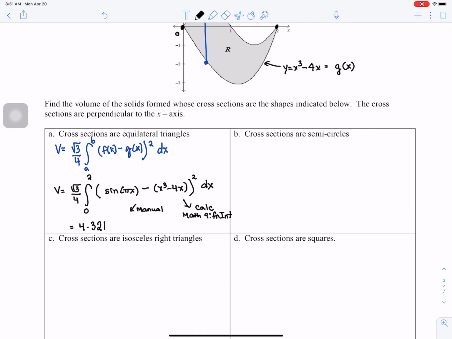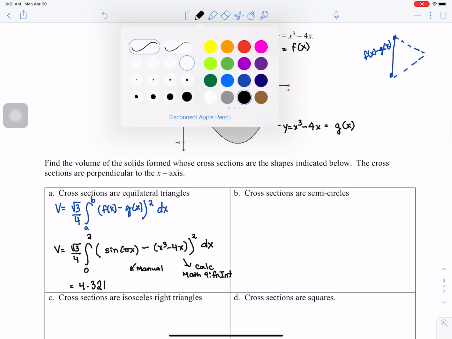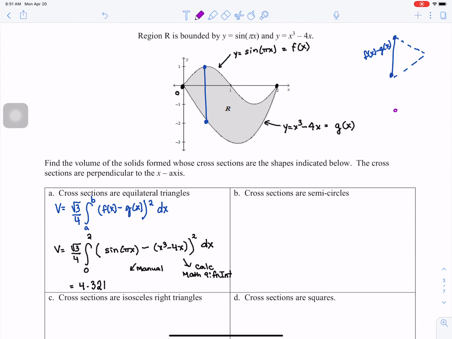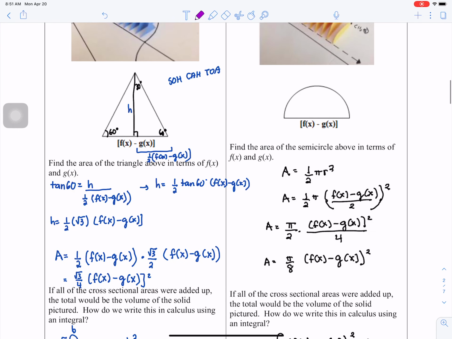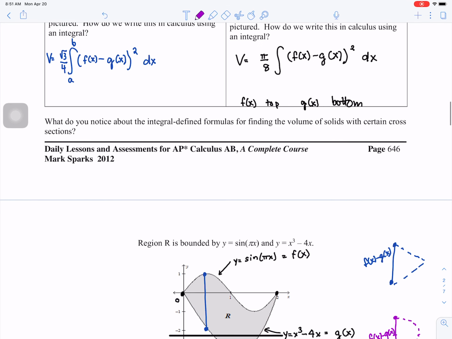Now, when the cross section is a semicircle, again I'm taking the difference between the top and bottom, and what would protrude out of the paper is this semicircle. This entire diameter is f of x minus g of x, so my radius would be half of that. If I refer to the above with the cross sections being semicircles, I get pi over 8.